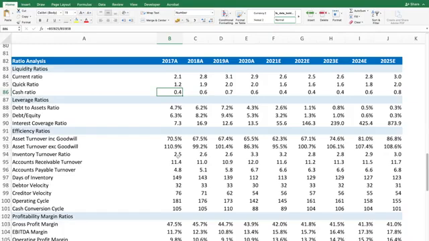The last thing which I wanted to discuss is called the DuPont analysis, and this is also very important.